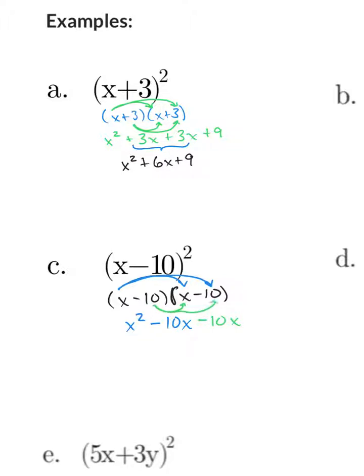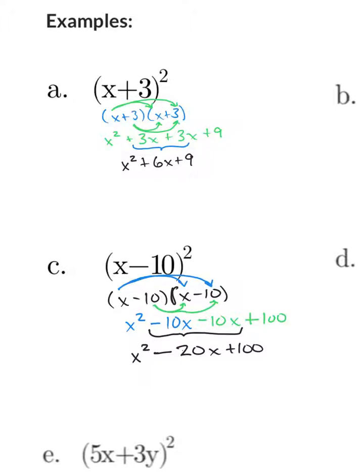And our lasts, negative 10 times negative 10 is positive 100. When we combine our like terms, we have x squared, minus 20x, plus 100. One thing to note here is that our last term will always be positive. Our middle term will always be the same sign as whatever we have here.